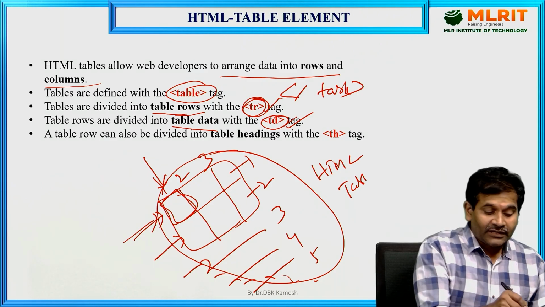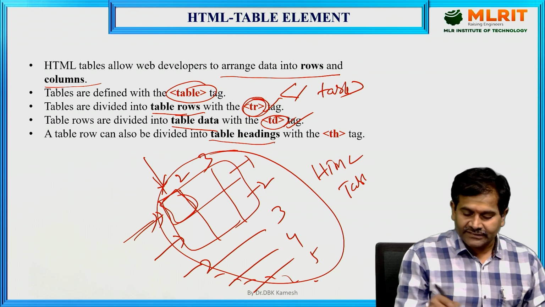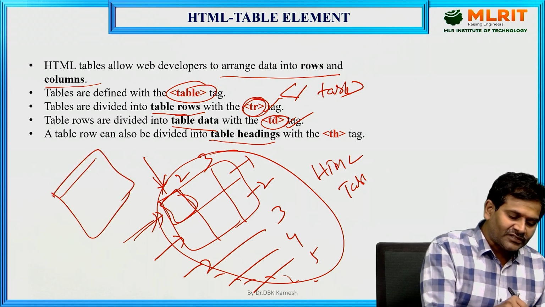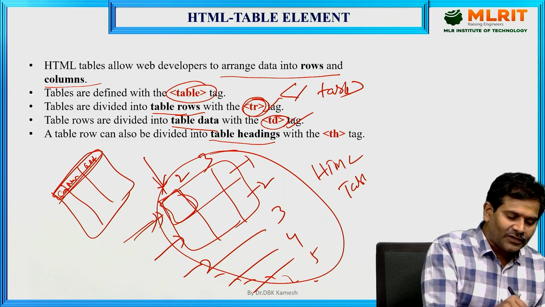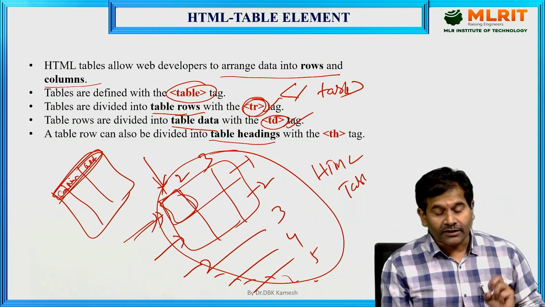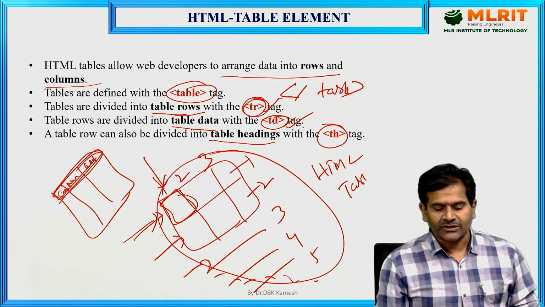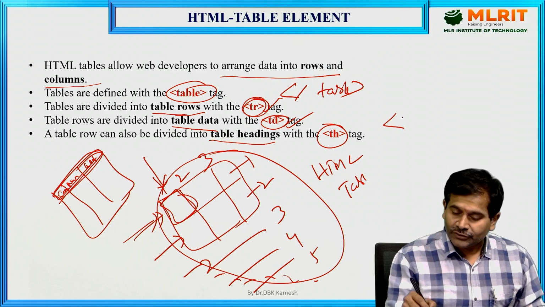A table row can also be divided into headings. For example, we write serial number, then name, then address, and so on. These are the table headings. To write these, we use the tag called th. So how many tags do we require when writing a table?